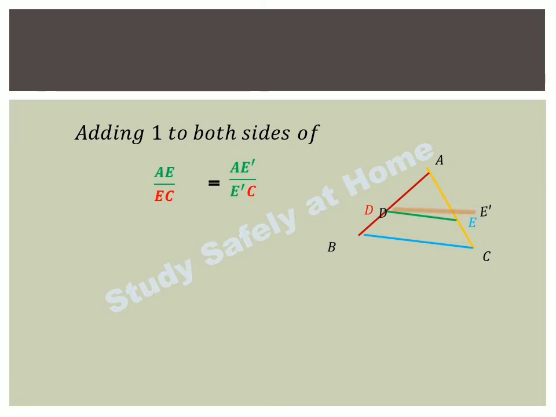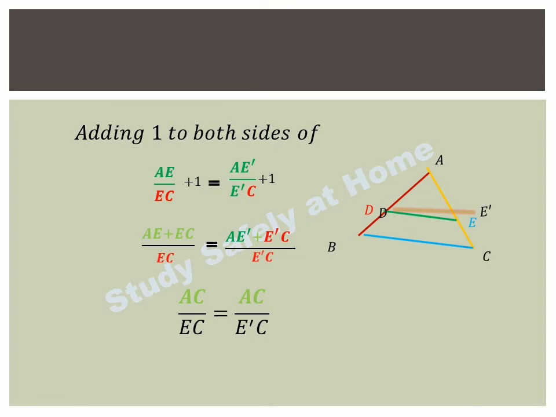We have to add 1 to both sides of AE by EC is equal to AE dash by E dash C. By adding 1, what happens? EC is the LCM, so in the numerator, AE plus EC it becomes. In this, E dash C is the LCM, so AE dash plus E dash C it becomes.